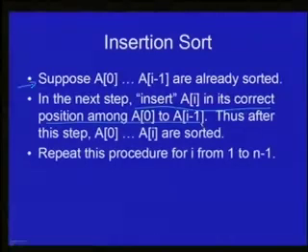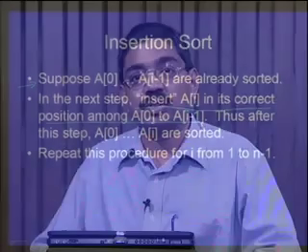And this procedure is repeated for i from 1 to n minus 1. So after the first step, the first two elements would get sorted. After the second step, the first three elements would be sorted, and so on. And so after the (n-1)th step, all the n elements of the array would get sorted.